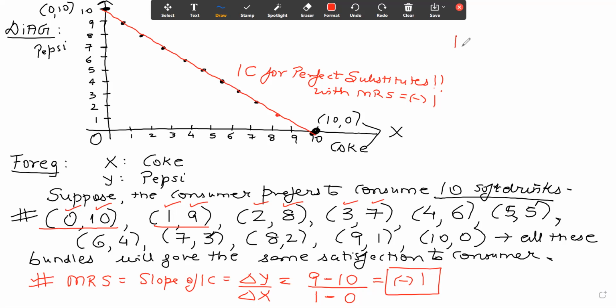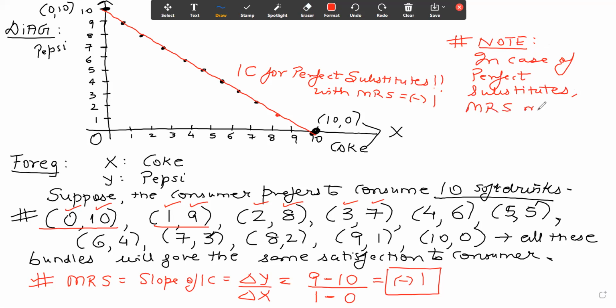So I can write a note here. In case of perfect substitutes, MRS must be a constant.